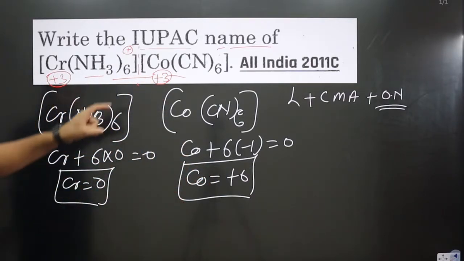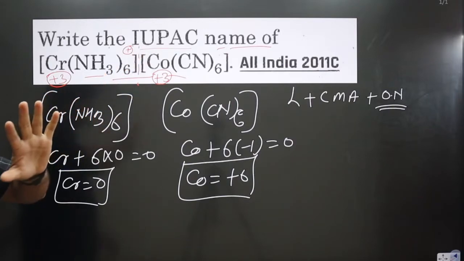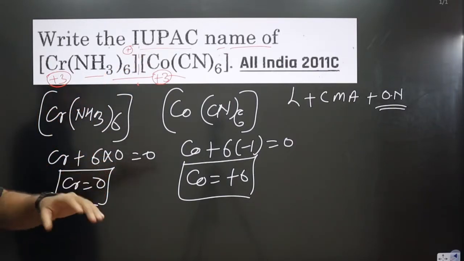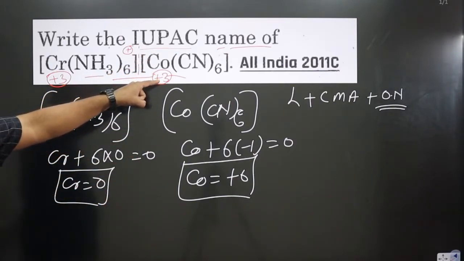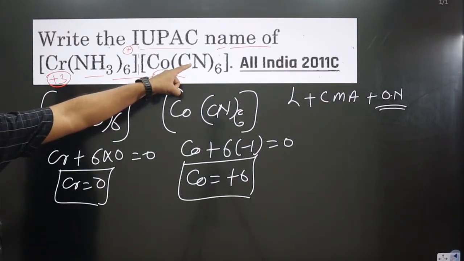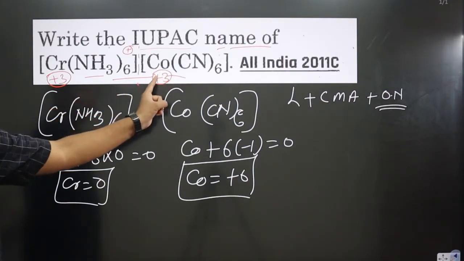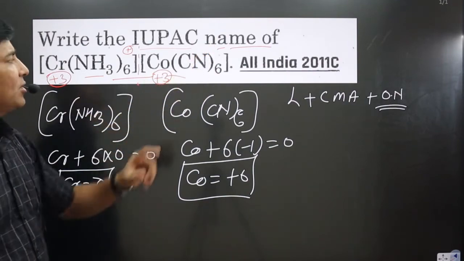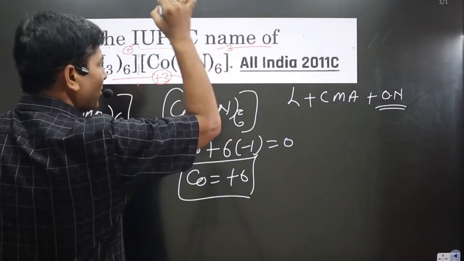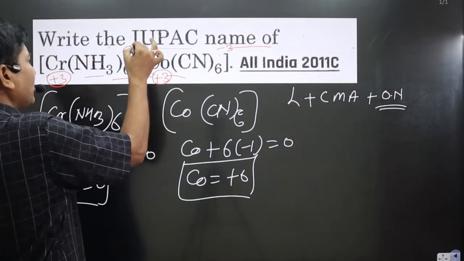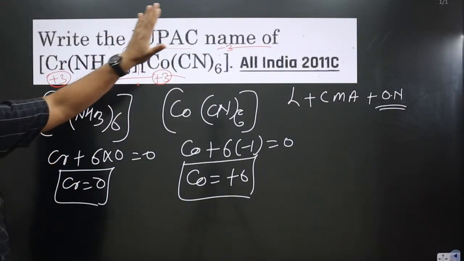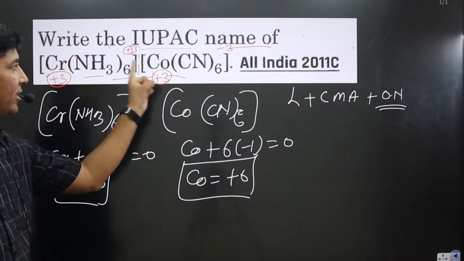We have to maintain the neutrality of the complex. If cobalt is present in plus 3 and the cyanide ions are present in -6, so plus 3 minus 6 is equal to -3. Overall charge of this part will be -3. Overall charge of the other part will be plus 3. Plus 3 minus 3 is equal to 0. That's why it is a neutral complex.